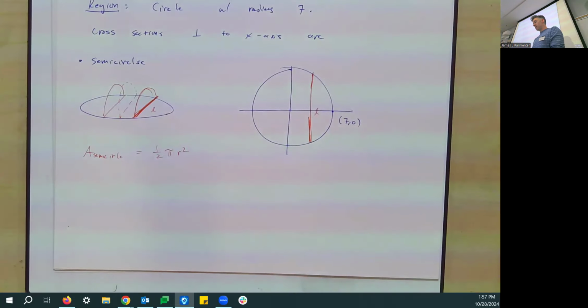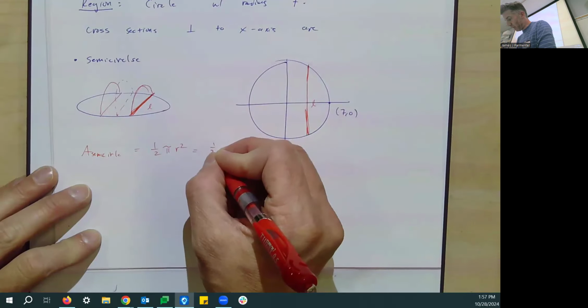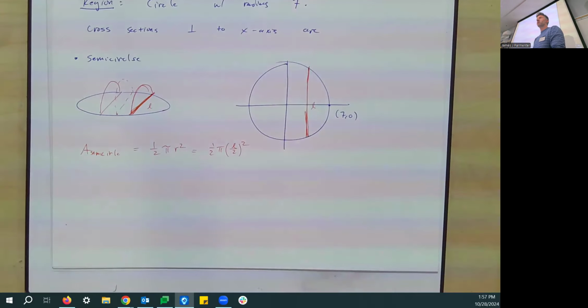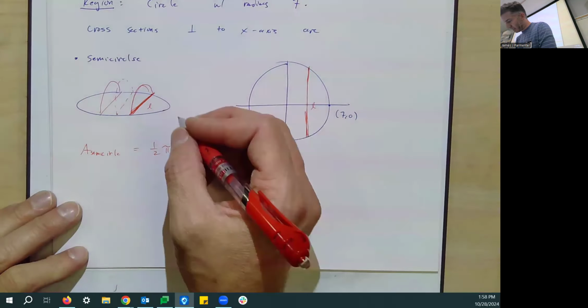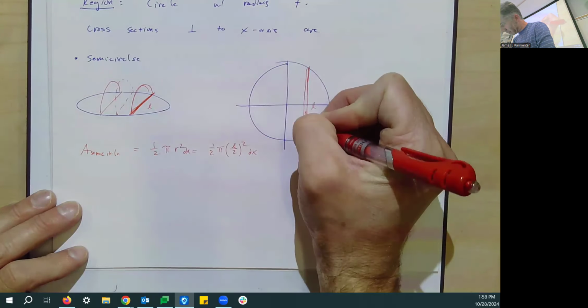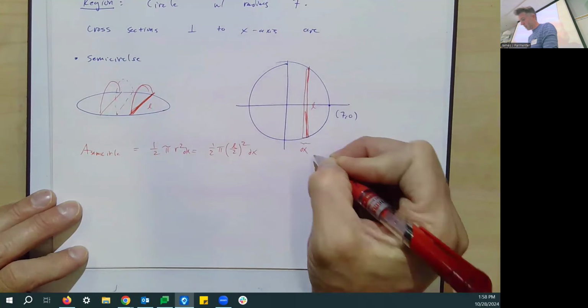But in this case, my radius is L divided by 2, because L is acting like the diameter of this semicircle. This is really 1/2 pi times L over 2 squared. Great. Oh, I forgot a very important thing. I forgot the dx, because really it's like this, the small change in x there.